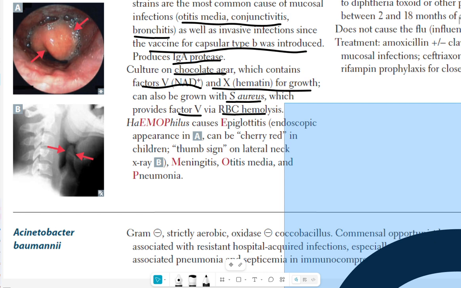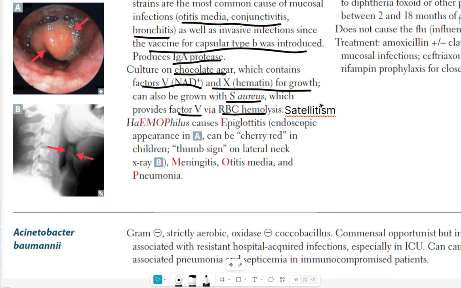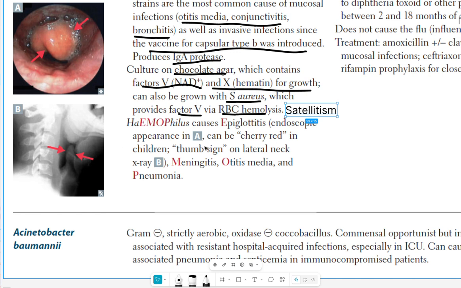Okay. Next up, we see the diseases, right? Haemophilus influenzae causes epiglottitis. Endoscopic view here. This is epiglottitis, right? It can be cherry red in children and a thumb sign. Can you see this thumb sign of epiglottitis? The thumb sign on lateral neck X-ray is very common in Haemophilus influenzae.